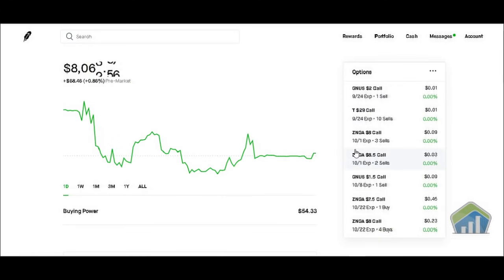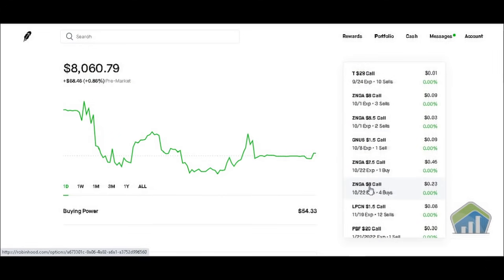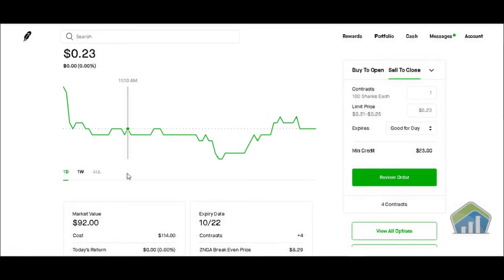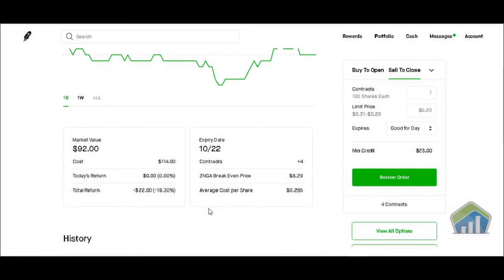We've also purchased the one that I was telling you about, the $8 call contract, which is right here. What we did was we purchased one, and then we purchased 3 more to average ourselves down. So we have a total of 4 contracts. Zynga break even price is $8.29, and we have an average cost per share of 28.5 cents, right?